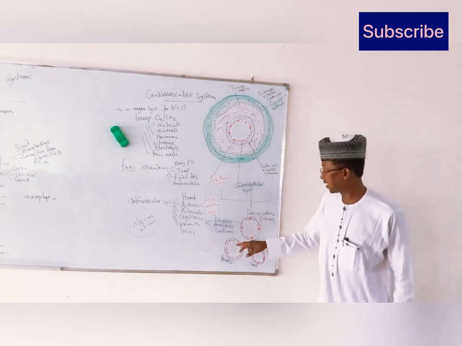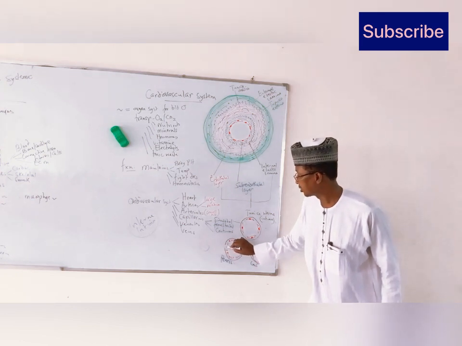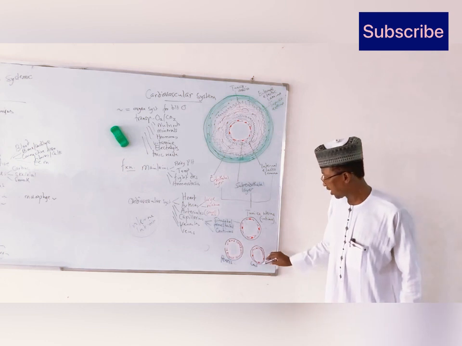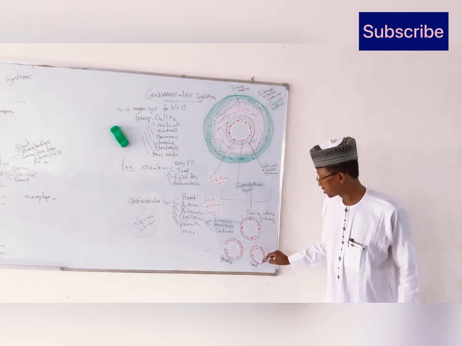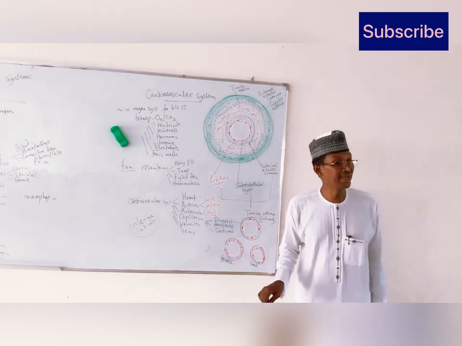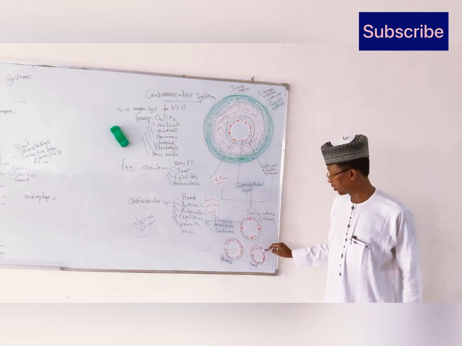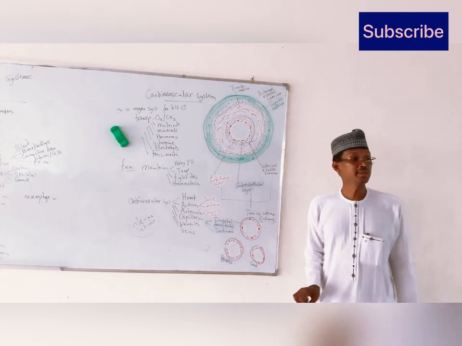So a single cell is going to have a hole, so that it can also allow for the movement of substances out of the capillaries. Similarly, we have what we call continuous capillaries. These ones, there is no gap between one cell and another. That is why they are called continuous capillaries. So for the whole endothelium here, there is no gap in between the cells.